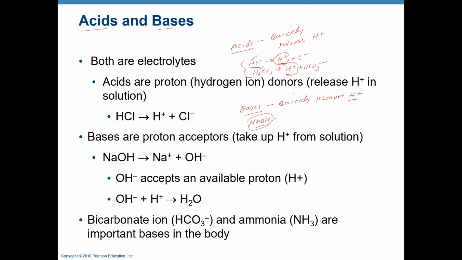How does this one remove hydrogen ions? The sodium hydroxide, this base, will quickly split and release OH. So a base must be able to quickly release OH to remove the hydrogen ion. When hydrogen is released from an acid, for example hydrochloric acid, it quickly releases hydrogen, right?